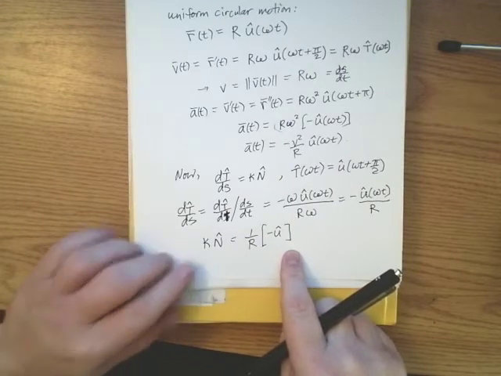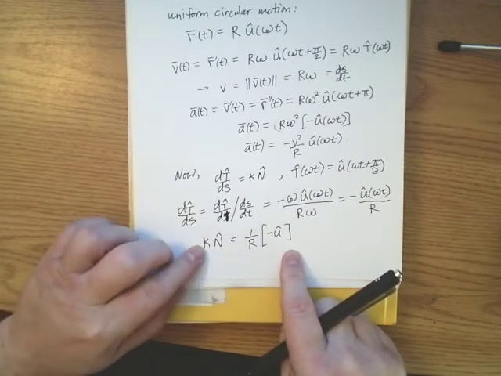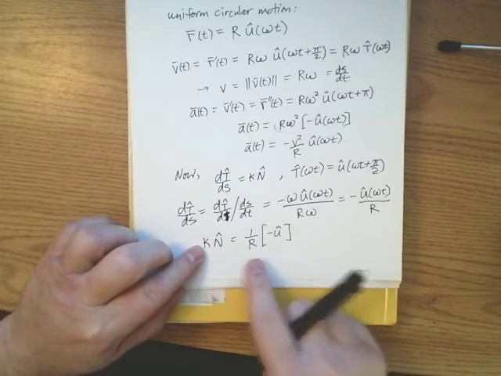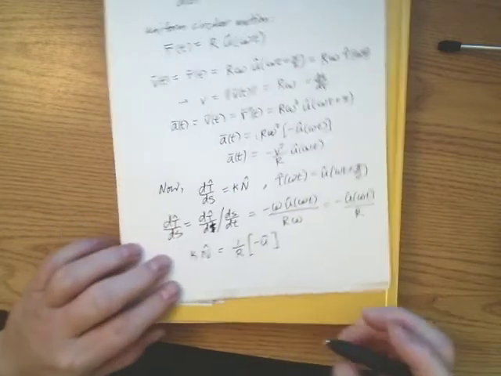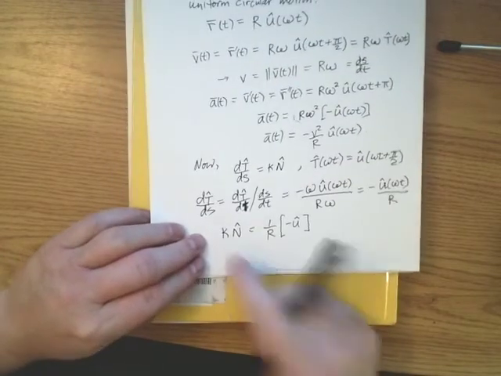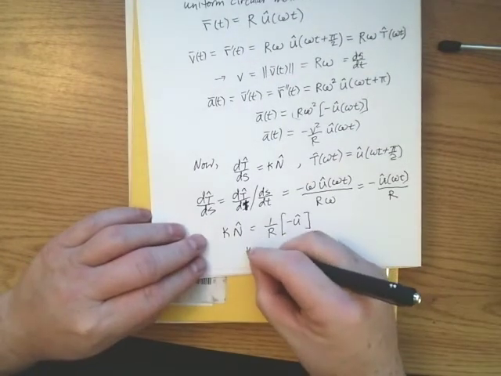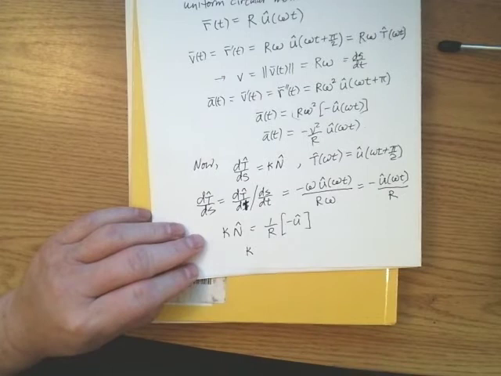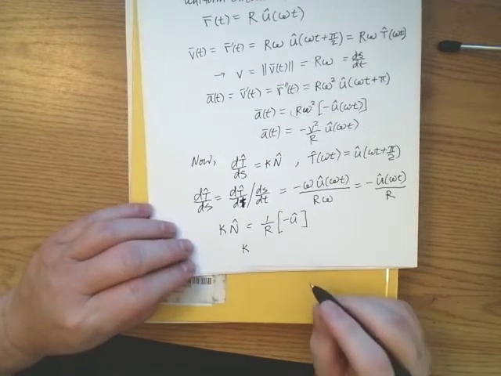Now you remember kappa is a non-negative number. If I take the magnitude of this side, because n hat is a unit vector, I would get the absolute value of kappa, which is kappa, because kappa is non-negative.